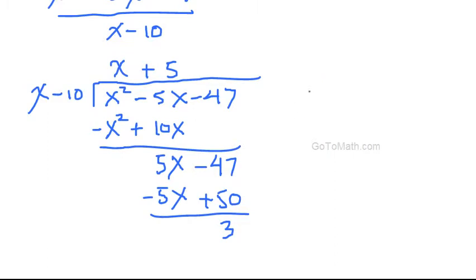So we're going to write part of the quotient, which is x plus 5, and then plus the remainder over x minus 10, which is the divisor. Right. Now to check to see if this is equal to our original, you would go ahead and multiply, get this all into one single fraction.